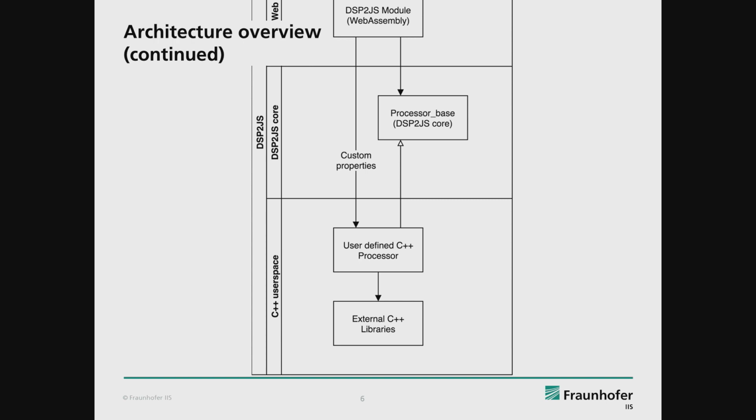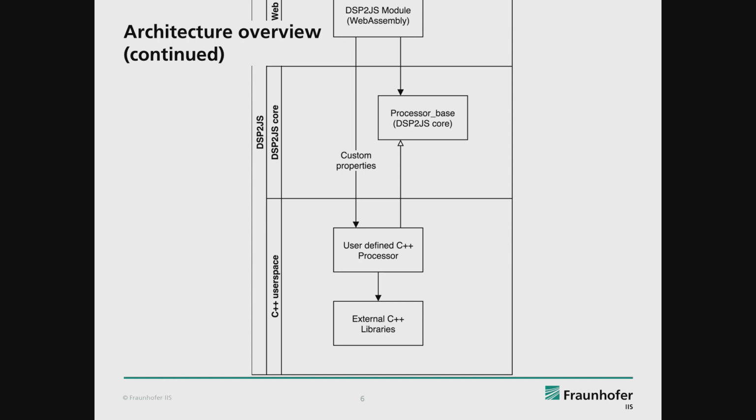This DSP2JS module will communicate with the C++ processor, which can also contain external libraries. It can do this in two different ways. One is custom properties, which are handled by the user-defined processor directly. The other, the DSP2JS core functionality, is dispatched through a processor base class.